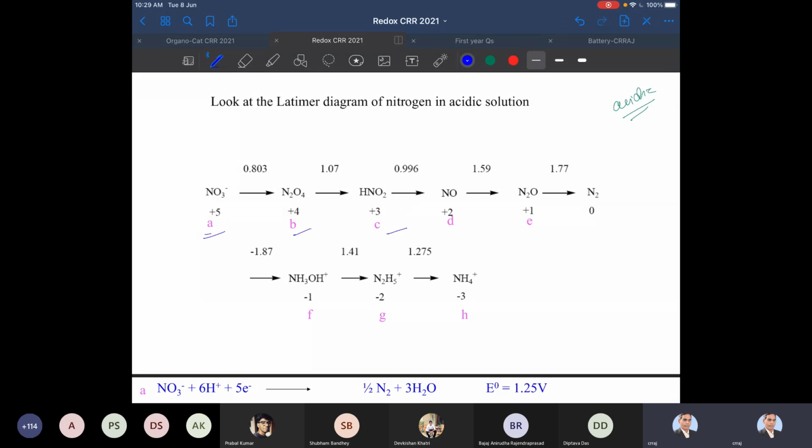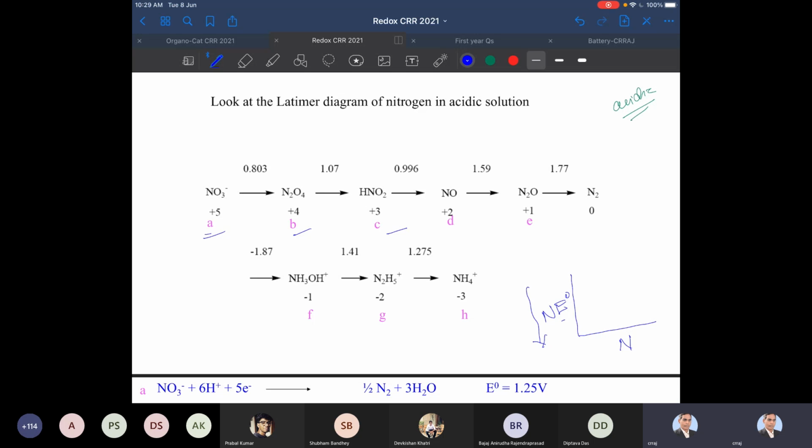Now, as I said, when we look at the Frost diagram, let me draw it here. Here I have nE0, and here I have the oxidation state. The stability increases, or the species that lies here is the highly stable species.